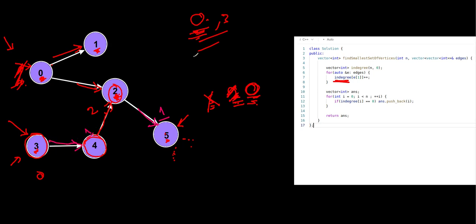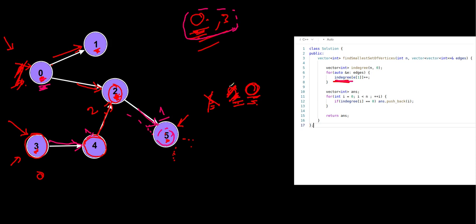So we are looking for nodes that have in-degree equal to 0, which is the number of edges that come into the node. And by this we confirm that all of these nodes are covered, and all the nodes in the graph are reachable from these nodes, because if we take any node in the graph, at the end there should be a parent for it, and that parent has in-degree equal to 0.